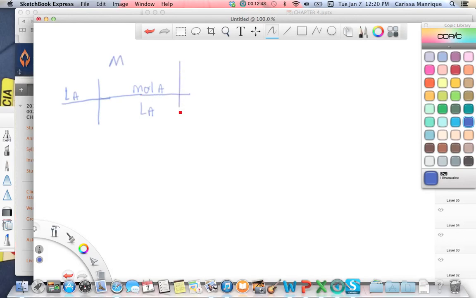Now here's where I convert from moles of A. I'm going to put this at the bottom so it cancels out. And here, moles of B. And then I want moles of B to cancel out. And then I'm going to put liters of B at the top. And that's from molarity. And that is from your mole to mole ratio.